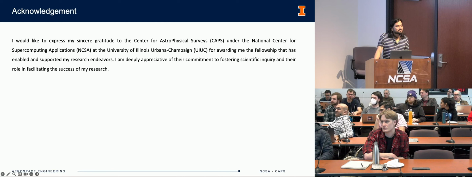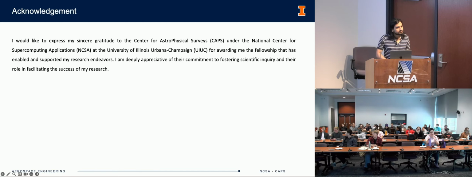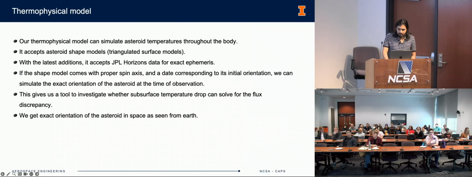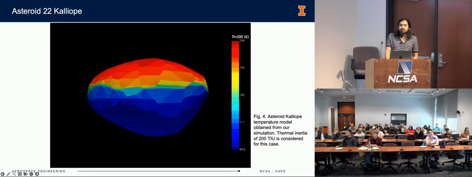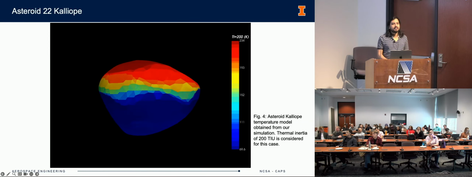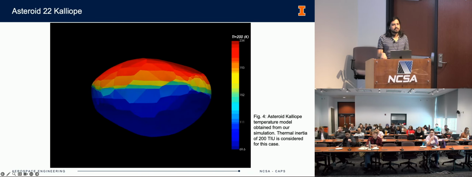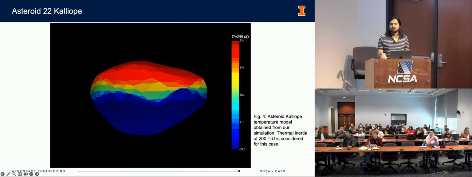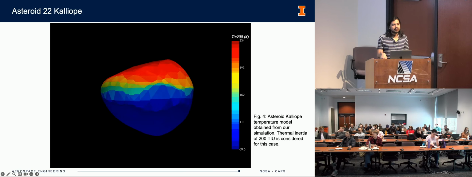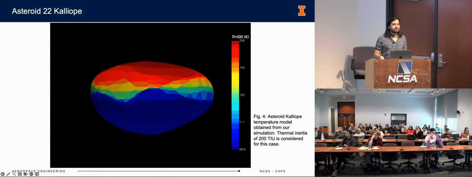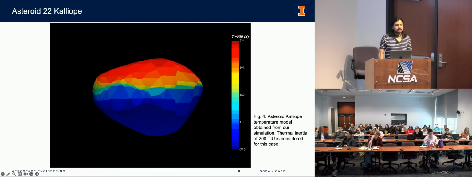Thank you for the talk. Really cool. One thing I wanted to ask about your temperature models is how sensitive are they to the composition of the asteroids? Well, we do not put in anything directly with respect to the composition, but from all the simulations that I have run, I don't see them to be too sensitive unless there is a lot of difference in the compositions.